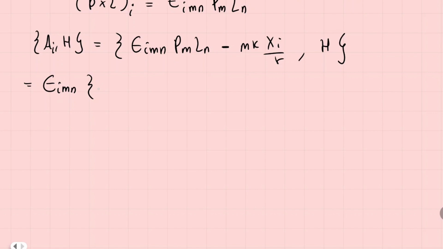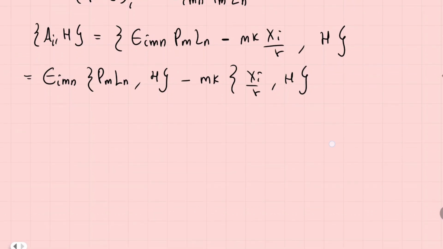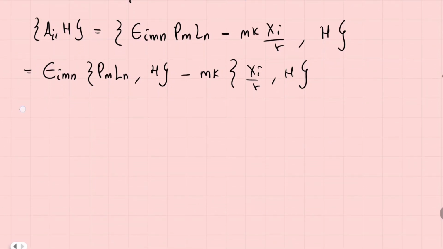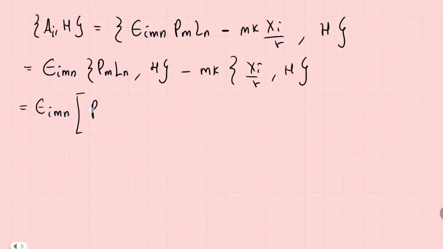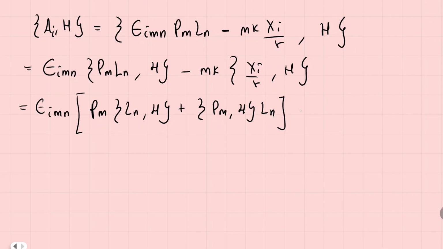That will be {P_m L_n, H} minus mk times the Poisson brackets {x_i over r, H}. Okay, perfect. Again, using the properties of the Poisson brackets, here we are going to get P_m times the Poisson brackets of L_n with H, plus the Poisson brackets of P_m with H times L_n. And then we remain the same here, x_i over r with H.